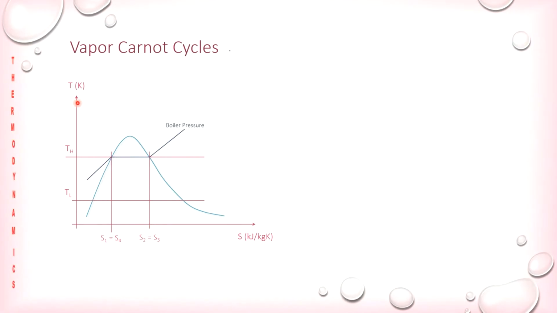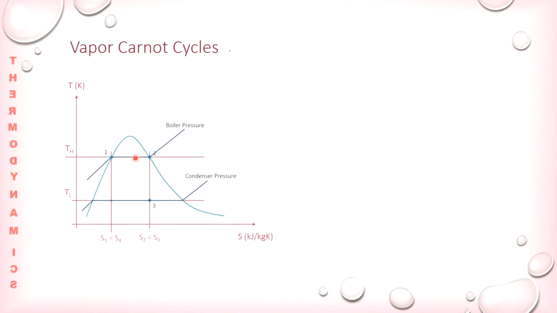On the TS diagram, your pressure line should look like this. This is called the boiler pressure, and this is called the condenser pressure, or you can say high pressure and lower pressure. So the Carnot cycle operates based on two temperature limits and two pressure limits as well.